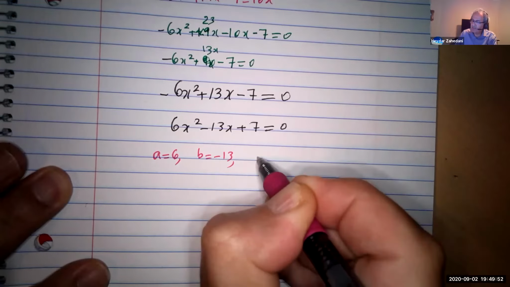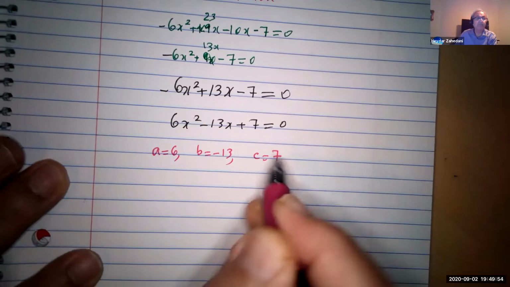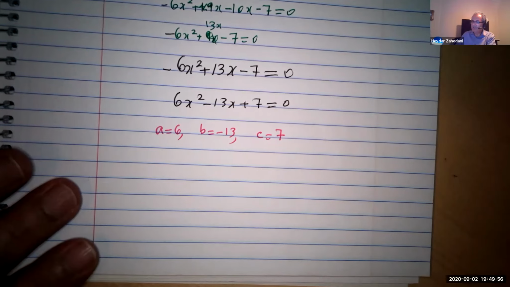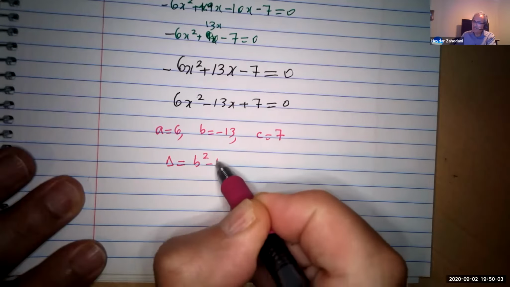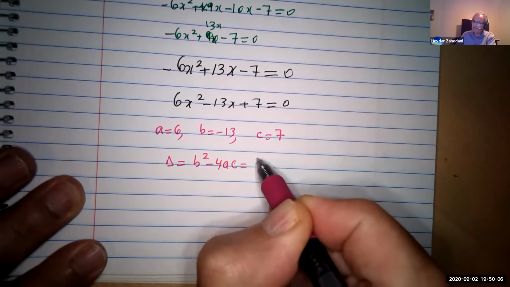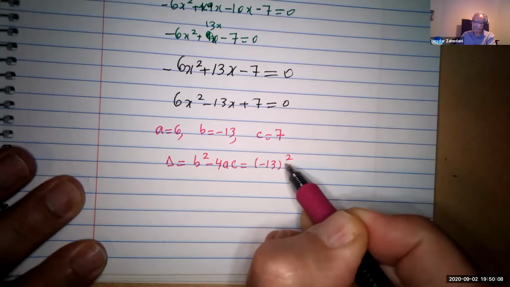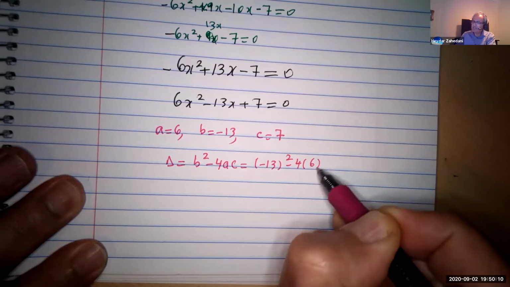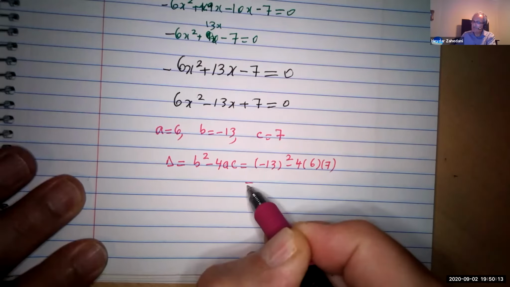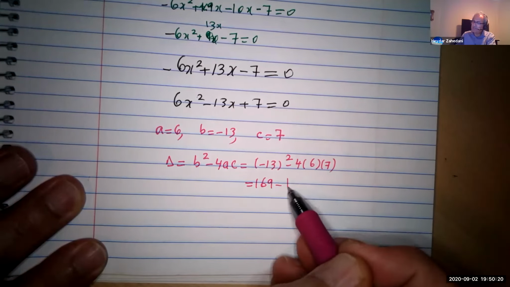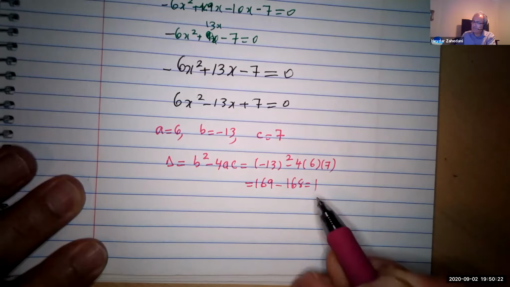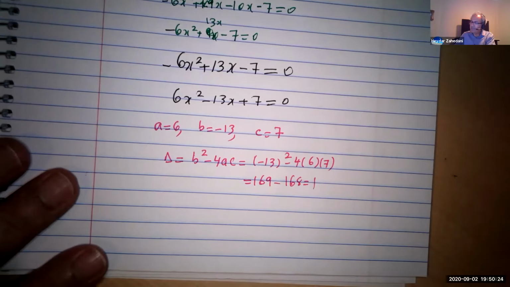But this is a very popular problem, and you have one in your practice quiz, and I'm going to check it in a minute. Okay, so I go with the delta, which is going to be b squared minus 4ac. So this is a negative 13 squared minus 4 times 6 times 7. So that gives you 169 minus 168, which is equal to 1, okay?